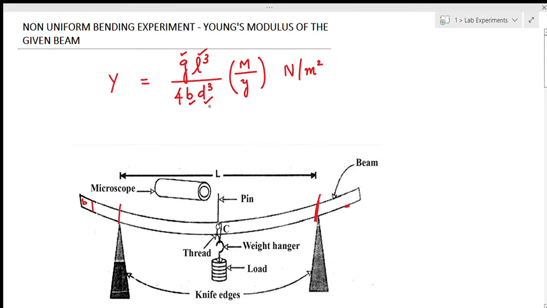Both b and d should be expressed in meters. M is the applied load in kg and y, small y, is the depression made for the applied load in meters.